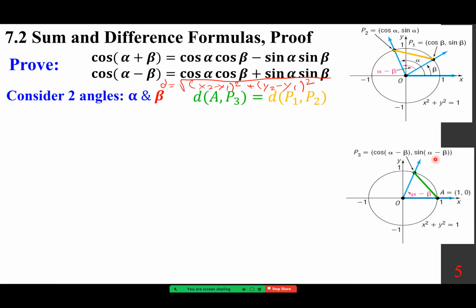This one, sine of alpha minus beta minus 0 quantity squared. That's under the radical. Okay.